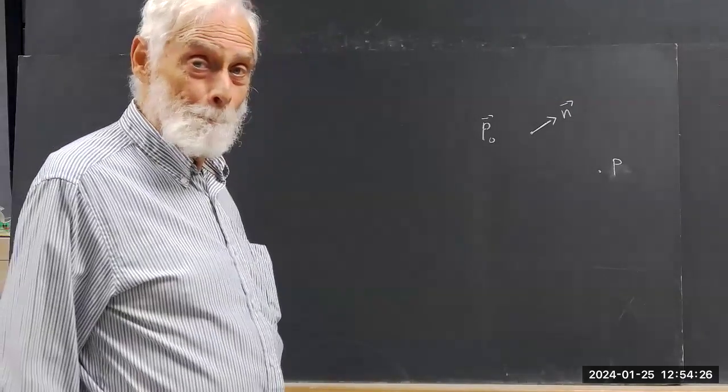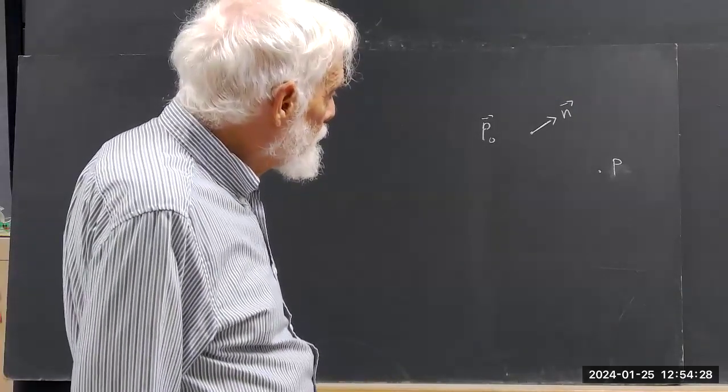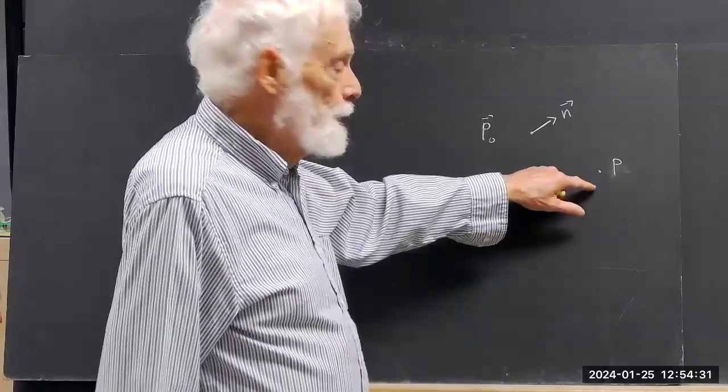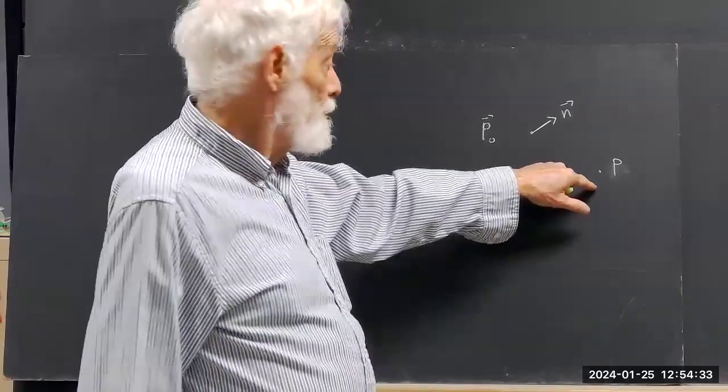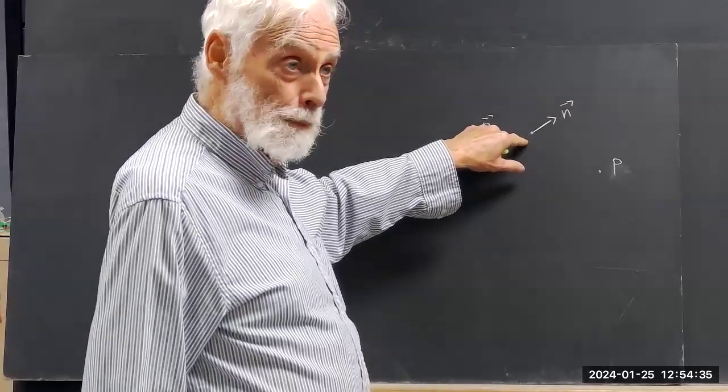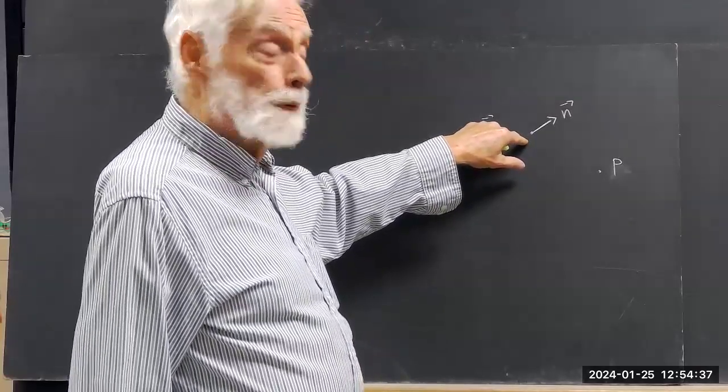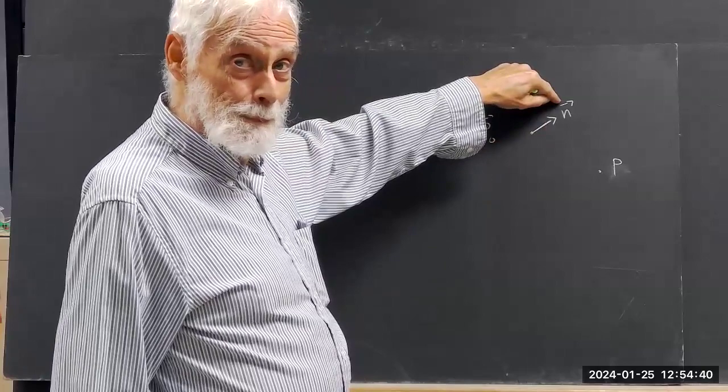Now, what's the condition for P to be in the plane that passes through the point P naught perpendicular to the vector M?